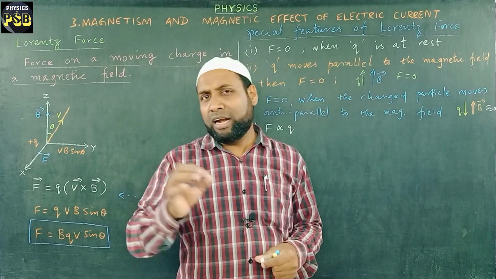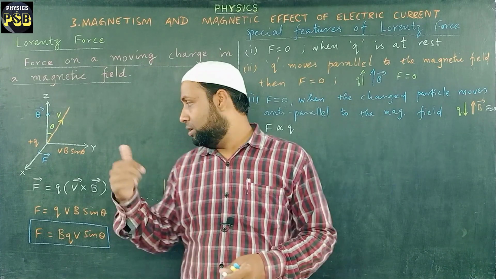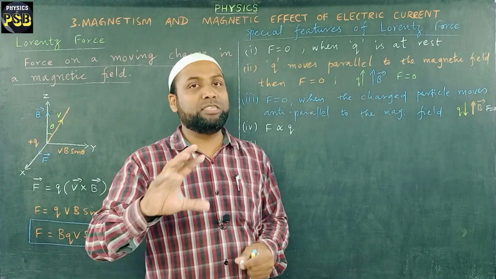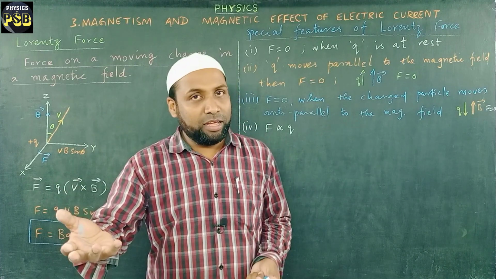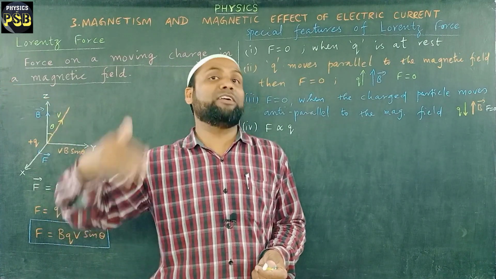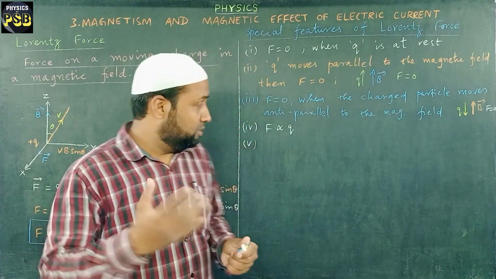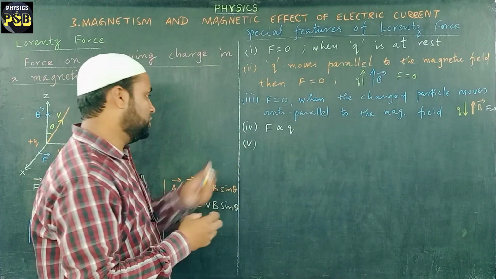Suppose if I have a 10 Coulomb charge, the force acting on the charge will be, say, 10 Newton. If we take a 20 Coulomb charge, then the force will increase. It may be 20 Newton. So it increases with increase in the magnitude of charge.